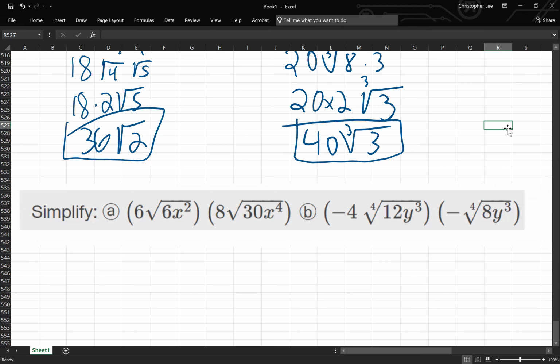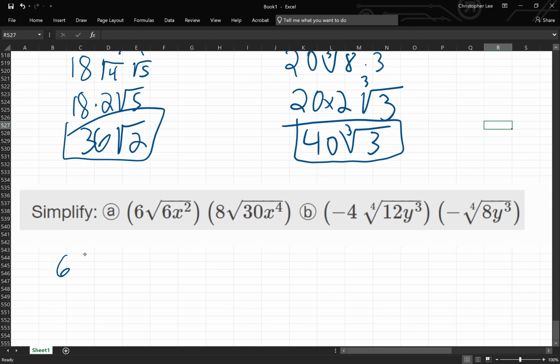Remember to simplify. Good. Break it up first, though.